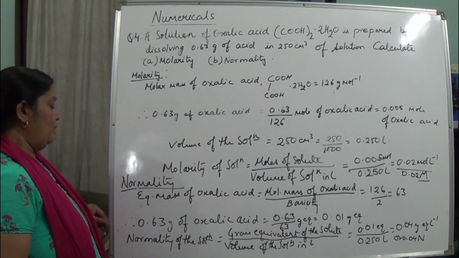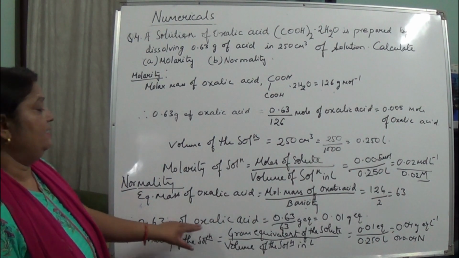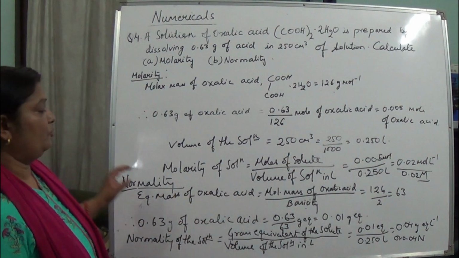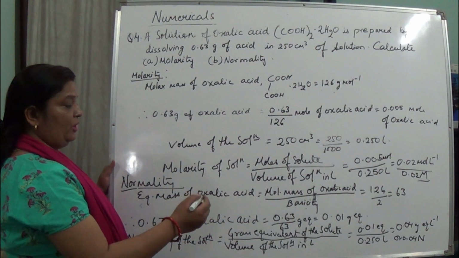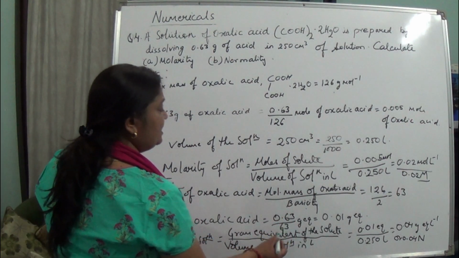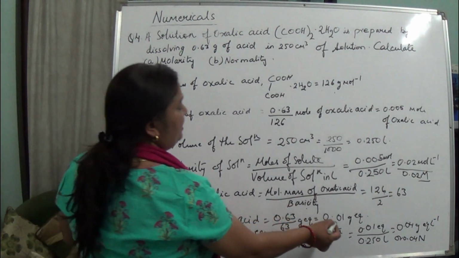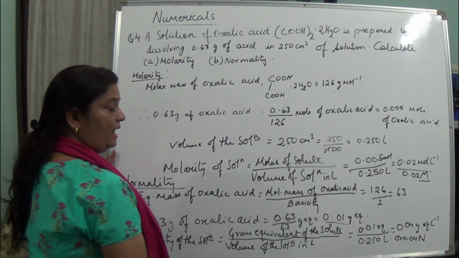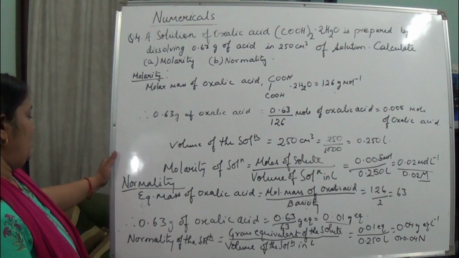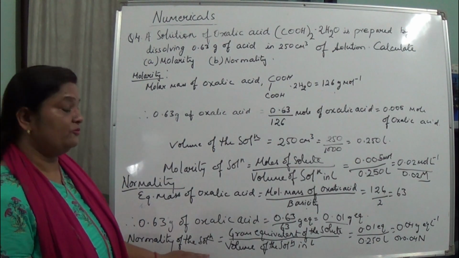So 0.63 gram of oxalic acid will be how much? For that you divide 0.63 upon 63 gram equivalent, and you get 0.01 gram equivalent. Now what is the normality formula?